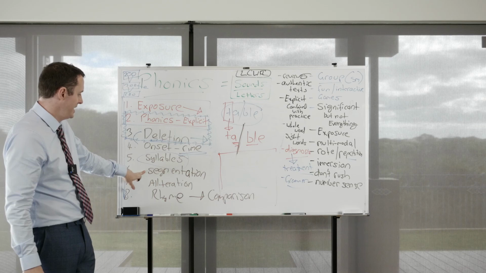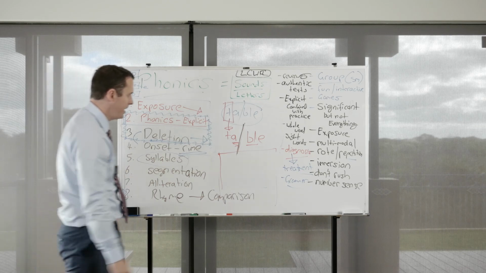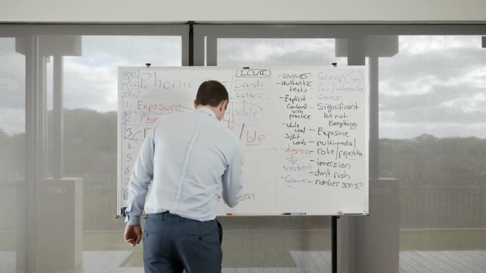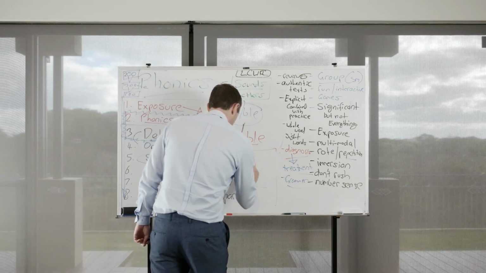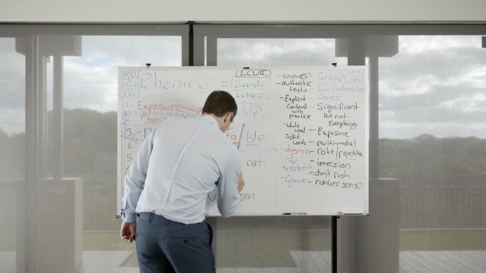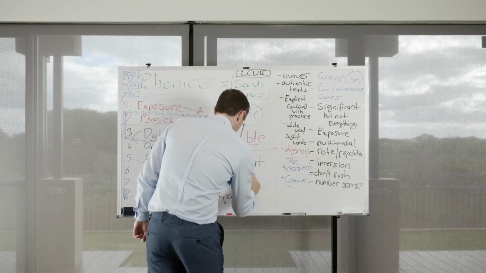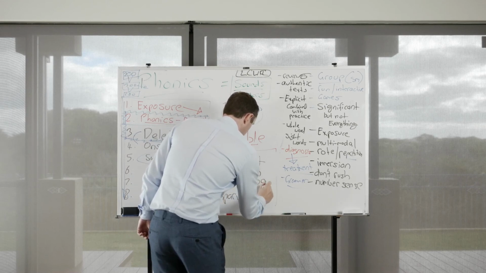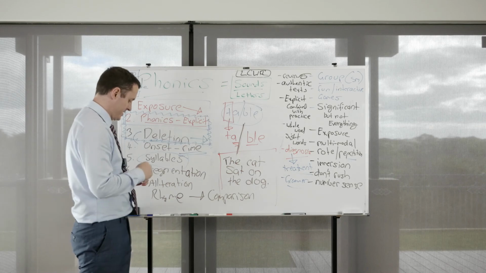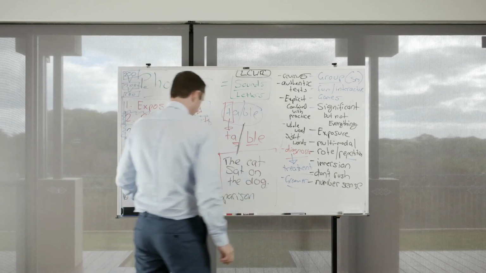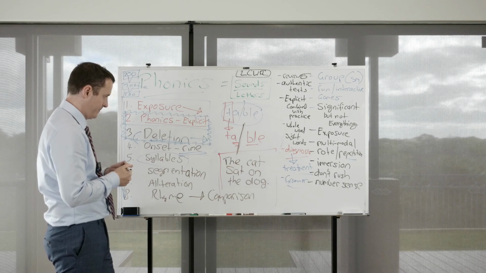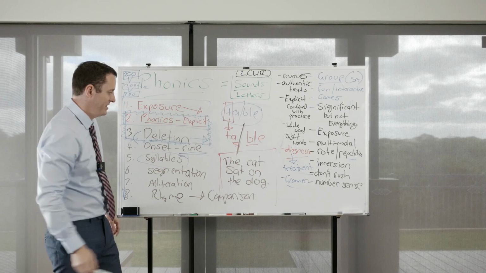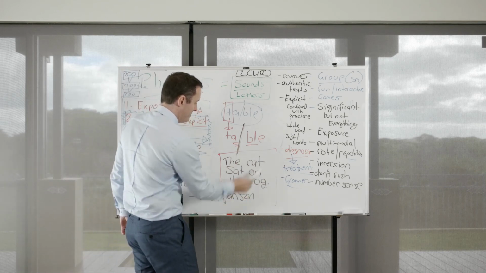Now, segmentation here refers to where you're dividing sentences up into different words and playing around with it. So, the cat sat on the dog. Okay, so if you've got a simple sentence like the cat sat on the dog, now segmentation, if students are up to this stage, then they're starting to move these around and being able to play with them.